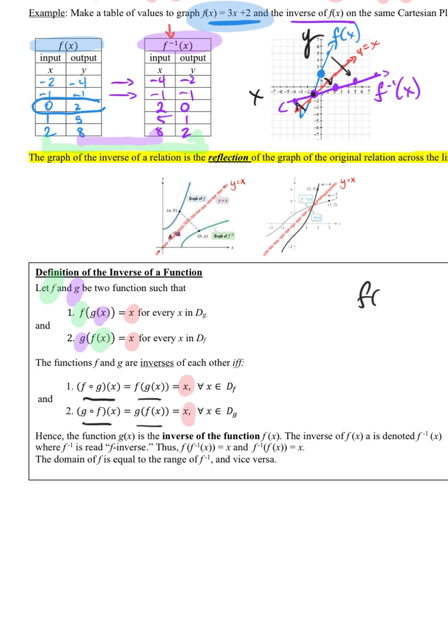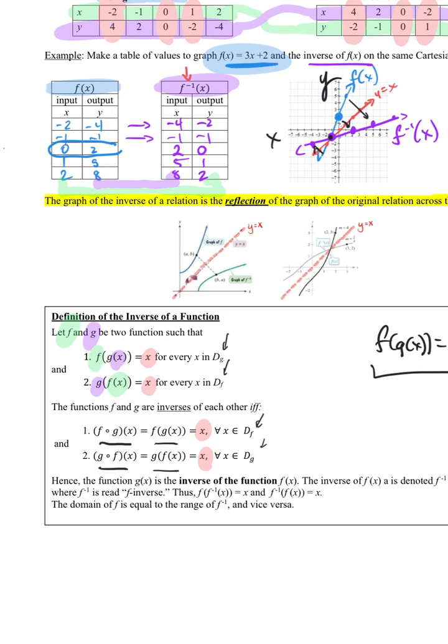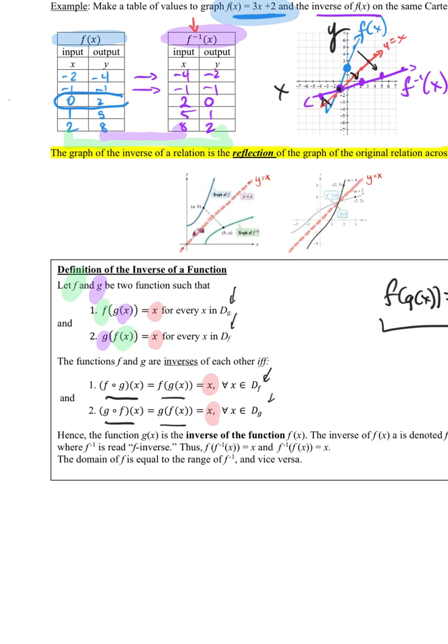So f composed with g of x equals g composed with f of x, and that equals x, right? It's not enough to show that these are equal. They both have to equal x. And this is true for every x in the domain of the inside function.